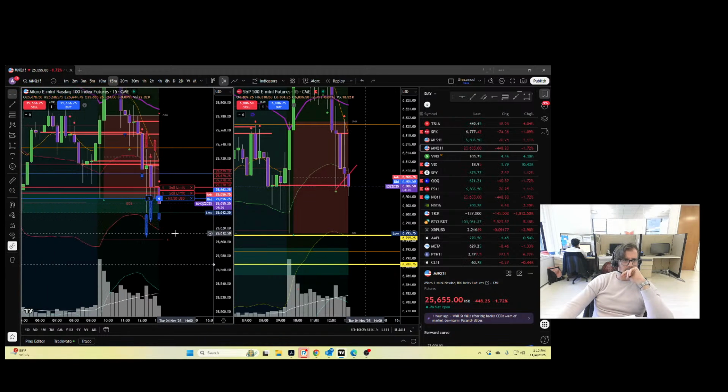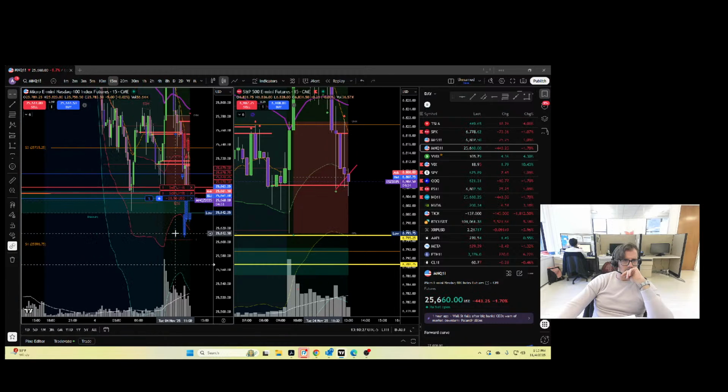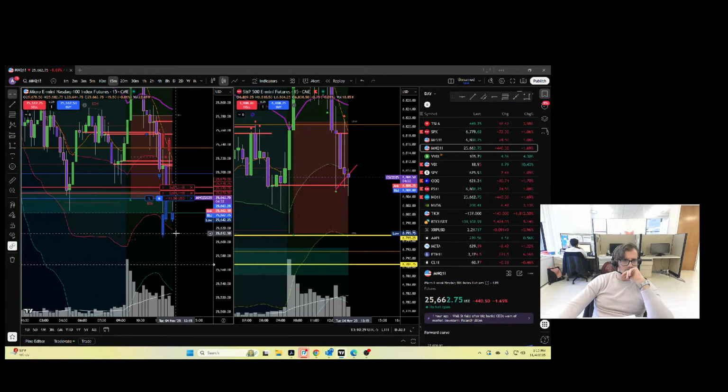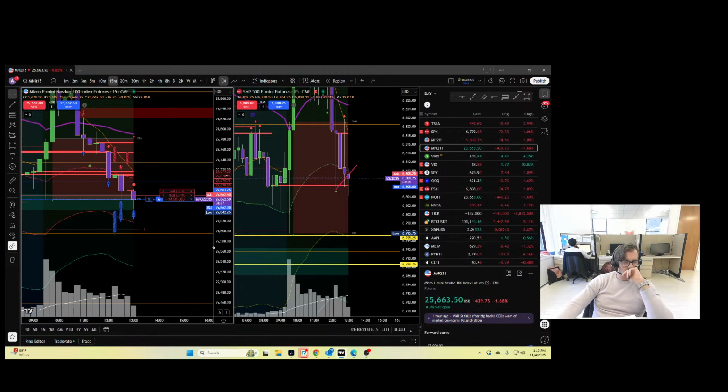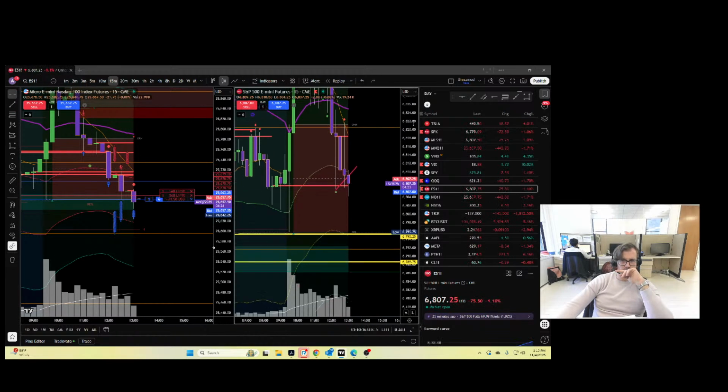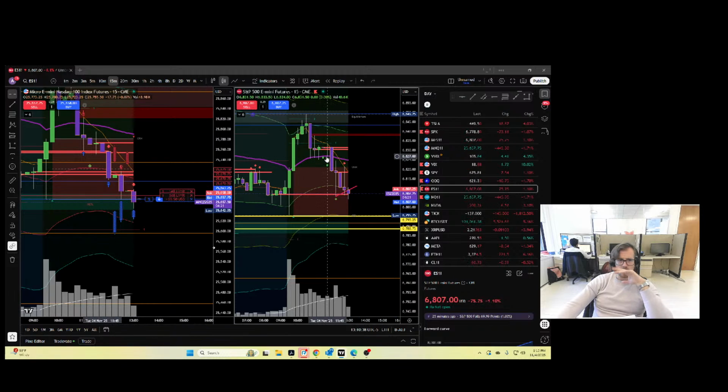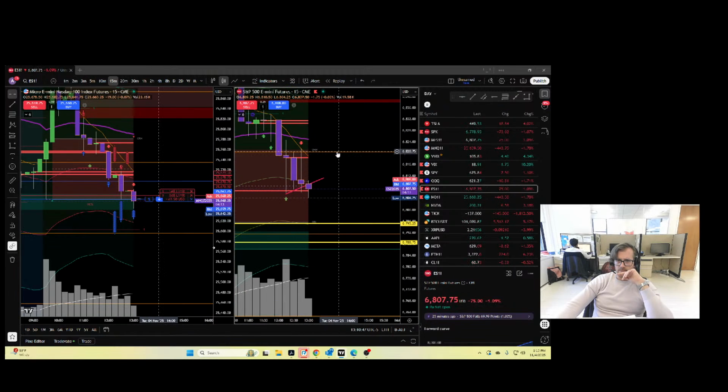And what's the range on it? 50% of the opening range, and the ORB is just the opening 15-minute candle, the high, the low. That's what this is saying.